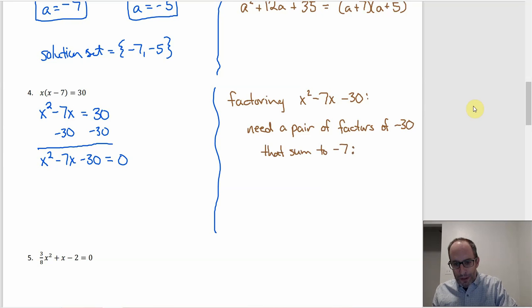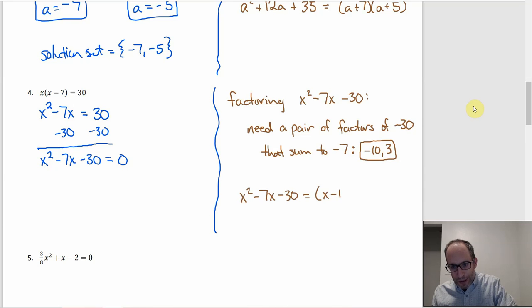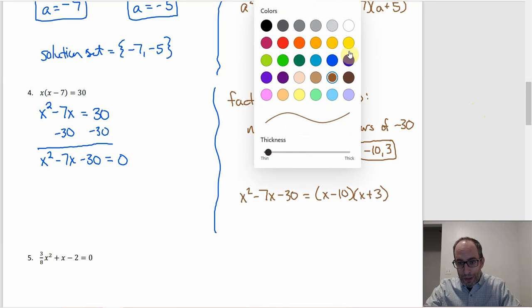All right, so then it looks like we would need negative 10 and 3, right? Multiply those together, you get negative 30. You add them together, you get negative 7. So, okay, we're going to need that. And so that would mean that x squared minus 7x minus 30 would be equal to x minus 10 times x plus 3. And then we can use this factorization on the left side of the thing that's in blue.